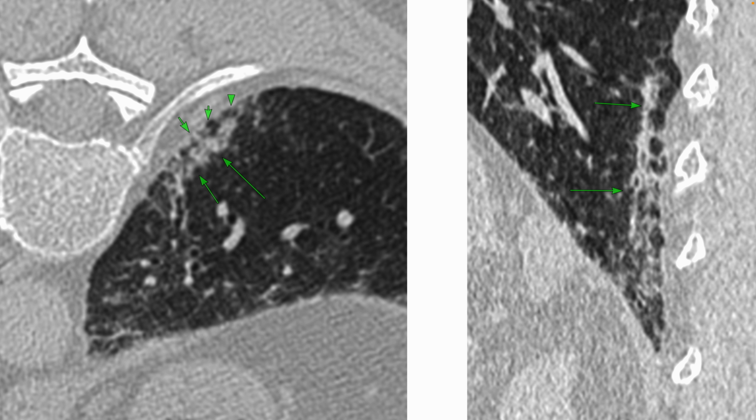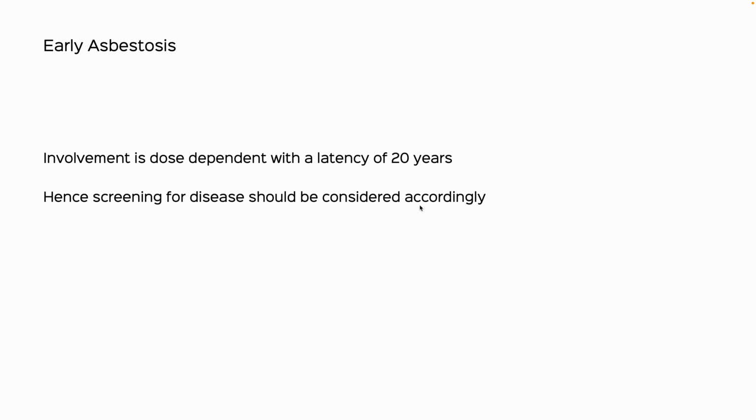And then based on how they were sectioned, they appeared as dots. So a good thing would be to just use the term reticular opacities and then just look at this concept of having linear subpleural bands that parallel the pleura here, which may be a little distinctive for early asbestosis.